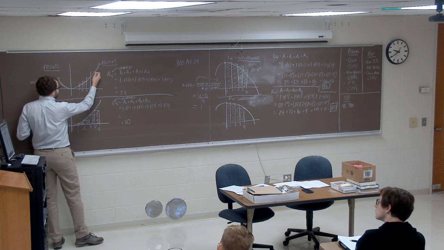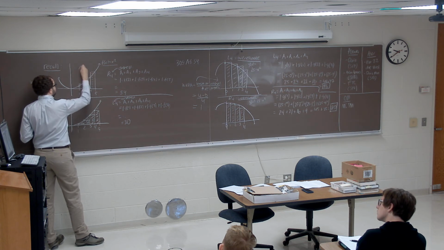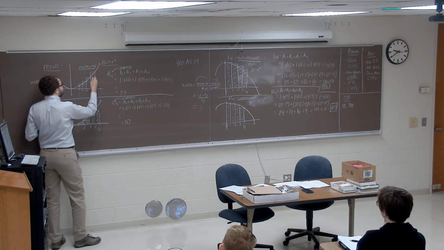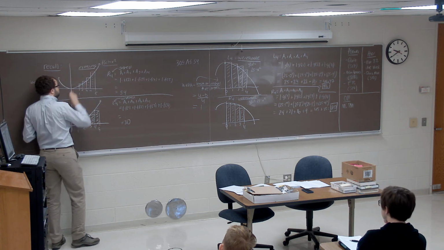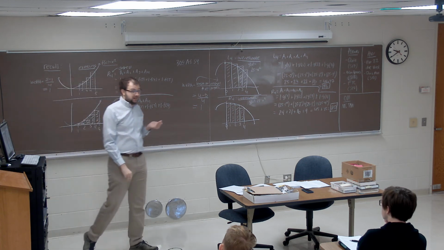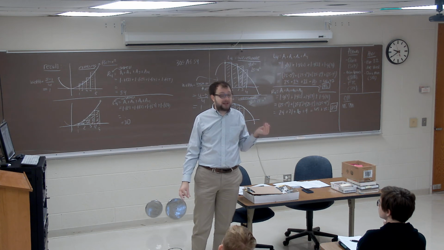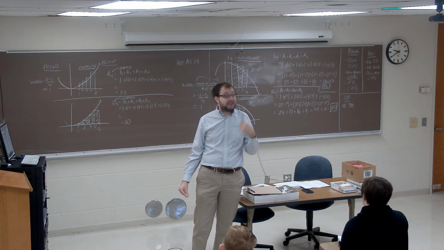So if you look at using the right endpoint of each rectangle for an increasing function like this, the right endpoint is always above the left endpoint and everything else in between. So using the right endpoint to help us approximate the area is going to give us an approximation that's a little too big. The rectangle is going to include everything we need and then some.